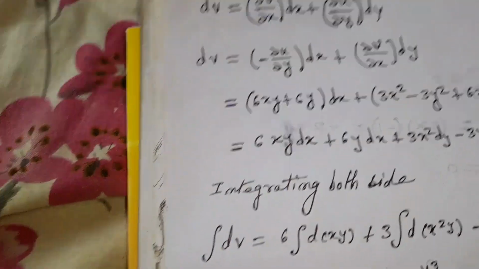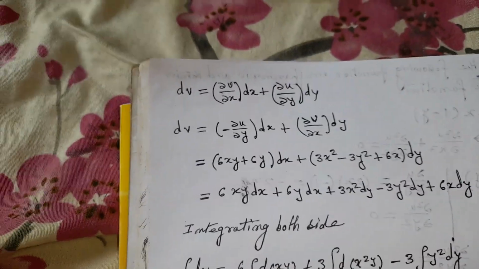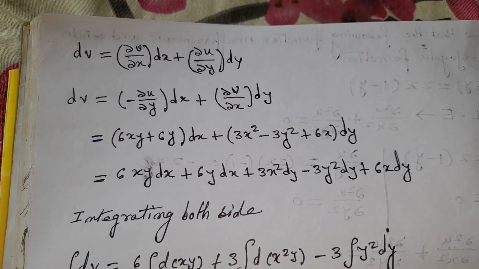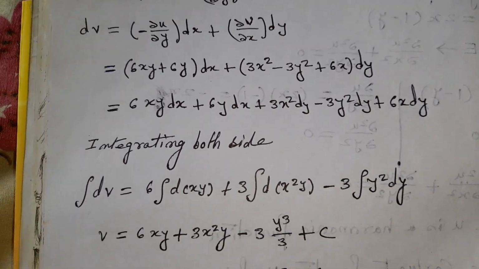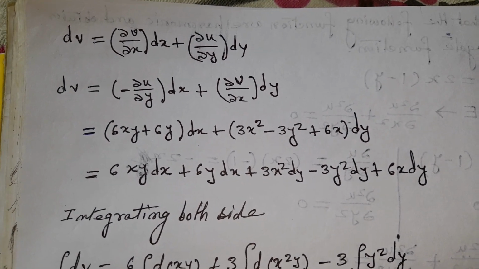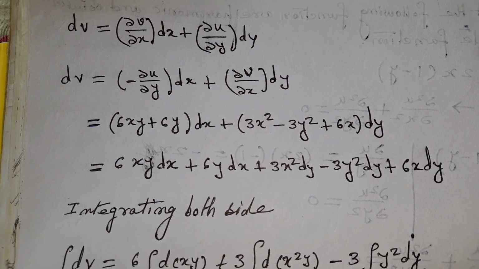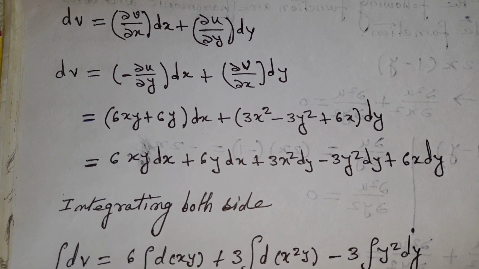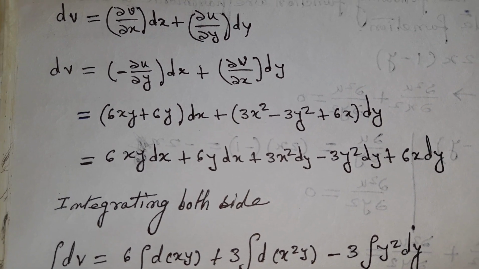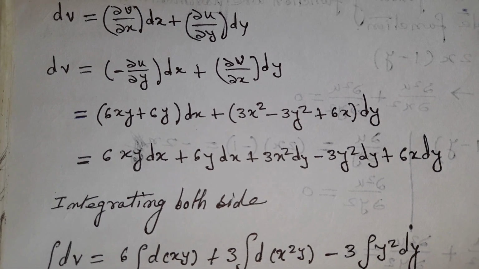Now we have to find the conjugate part. So how can we find it? dv equals ∂v/∂x dx plus ∂v/∂y dy, that can be written as minus ∂u/∂y dx plus ∂u/∂x dy.